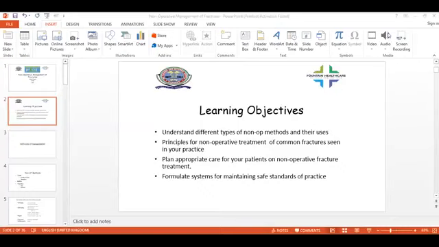For the second, third, fourth, and fifth digits, we have 3 phalanges. For the first digit, which is the thumb, we have 2 phalanges. So for digits 2, 3, 4, and 5, we have proximal, middle, and distal phalanges.